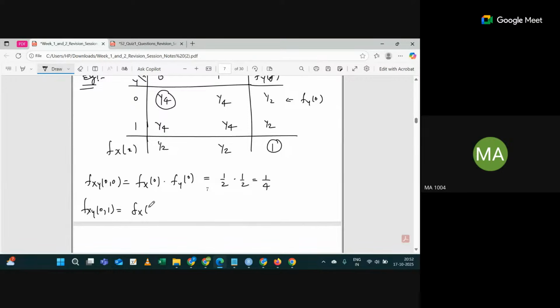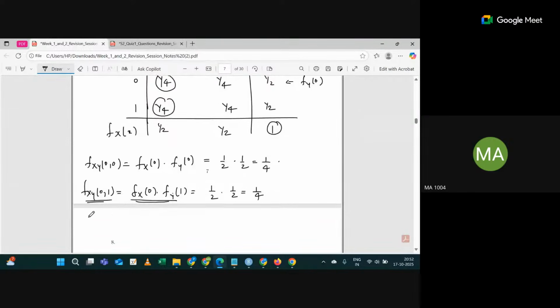Similarly, fxy of 0 comma 1 should be equal to fx of 0 into fy of 1. Everyone is getting the way I'm writing this? You are multiplying those marginals to get the joint, right? fx of 0 is 1 by 2, fy of 1 is again 1 by 2, which is 1 by 4, the same as this part.